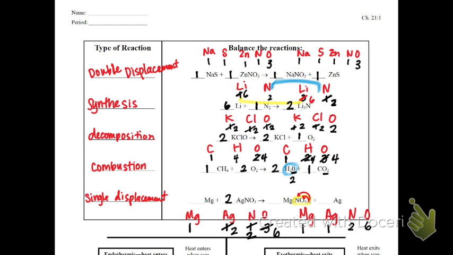The other AG just needs a 2. The MGs don't need to change, so 1 and 1. Good. Everybody feel all right about balancing equations? Love to hear it.